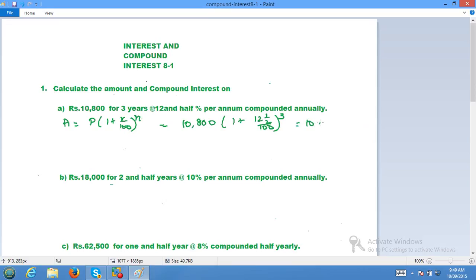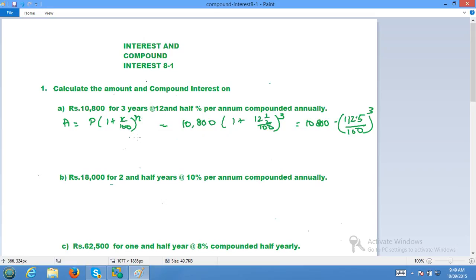So it is 10,800 multiplied by this. We can take common: 100 plus 12.5 divided by 100, cubed. So it is 112.5 divided by 100. We can use a calculator, or we can solve it by multiplication and division.